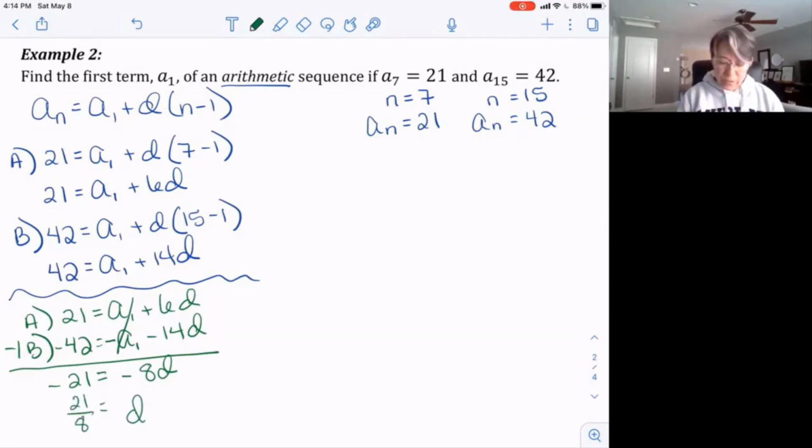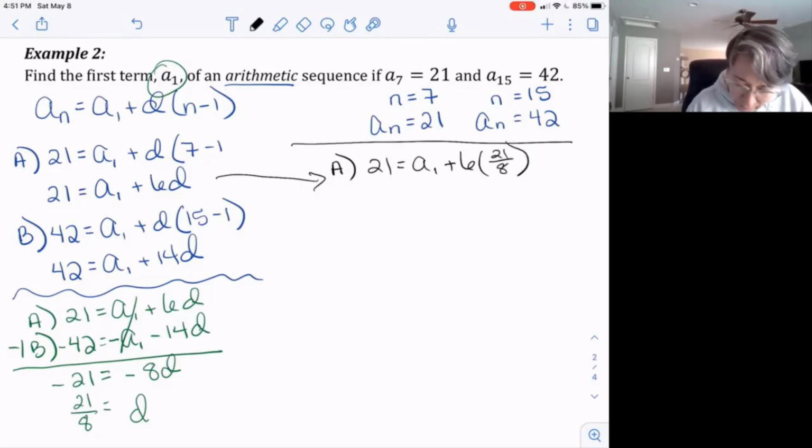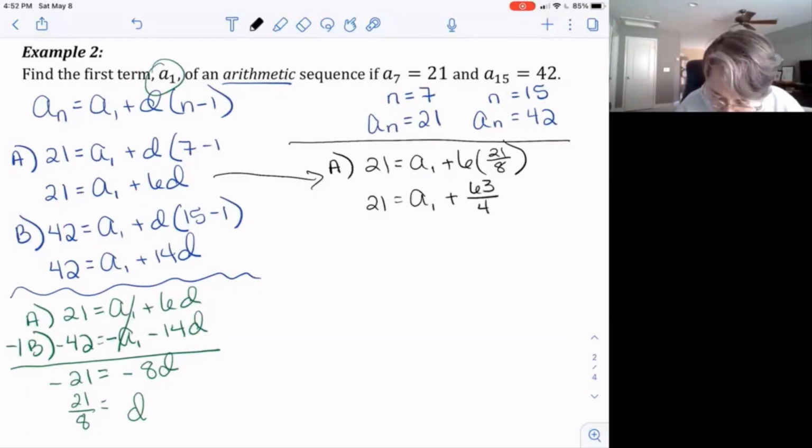But remember, they asked us to find the first term, a sub 1. So let's plug this back into one of our first equations. If we plug this common difference into equation A, we get 21 equals our first term plus 6 times 21/8. So we get 21 equals a sub 1 plus 6 times 21/8, which reduces to 63/4.